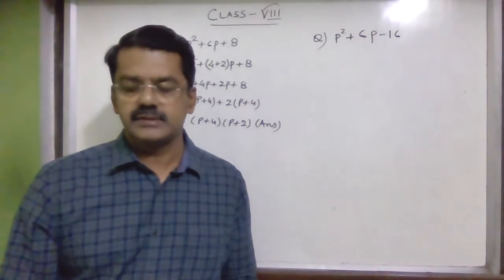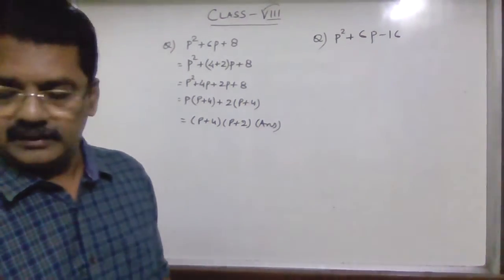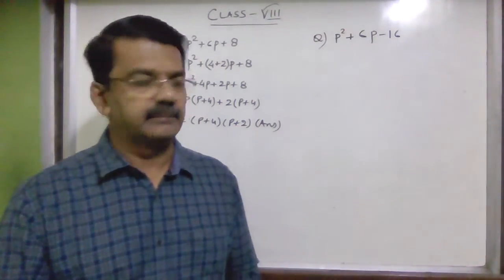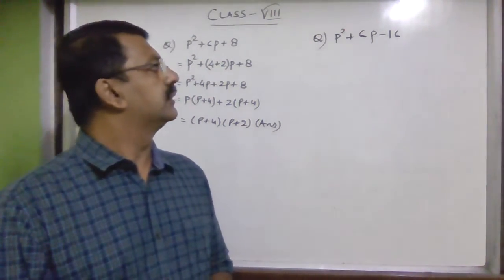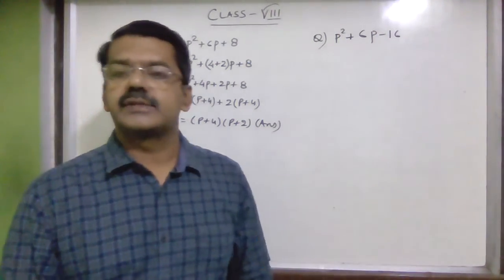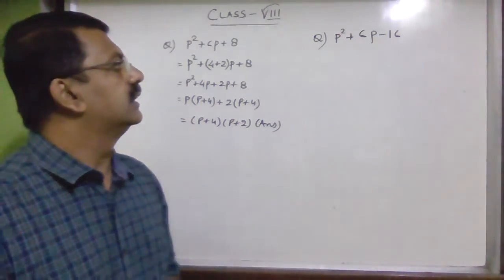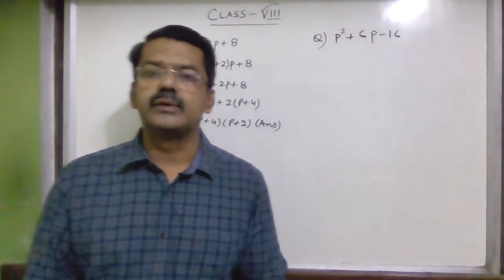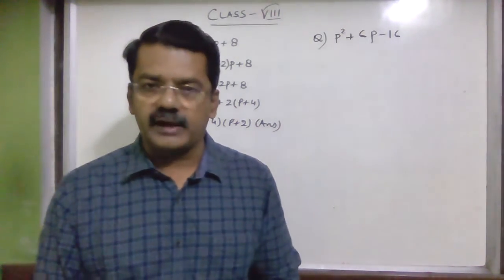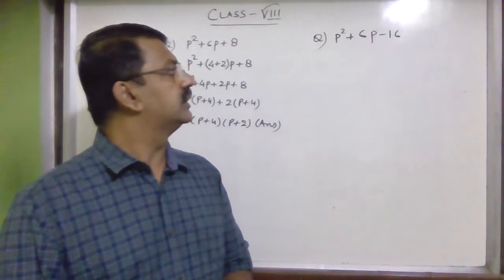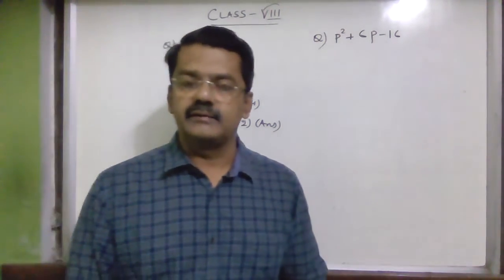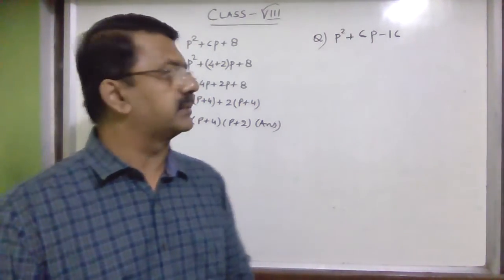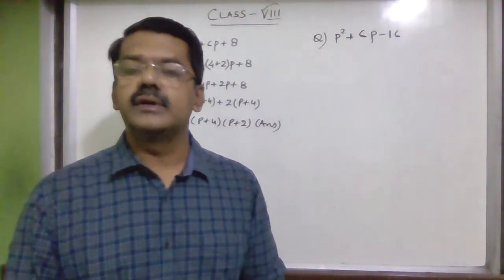The next question is p square plus 6p minus 16. Once again, the constant written over there is 16, and there is a negative sign in front of it. So you have to think of two numbers which, when multiplied, give you 16, and when they are subtracted, they give you 6.